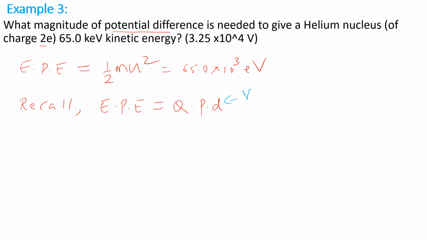Then we feed in the formula. The charge is already given as 2e, so we have 2e multiplied by the potential we need, which is going to be equal to the kinetic energy, 65 kilo, that's times 10 to the power 3 electron volts.